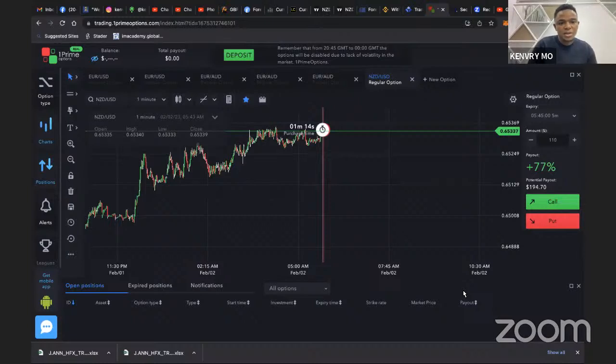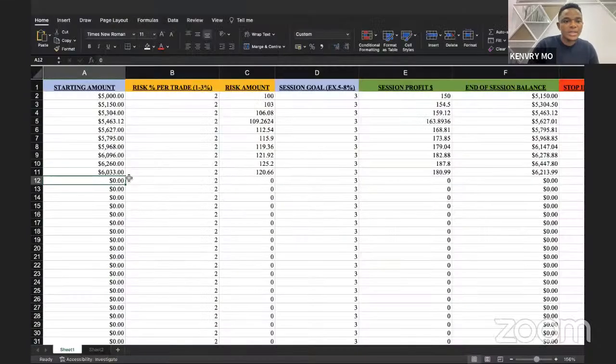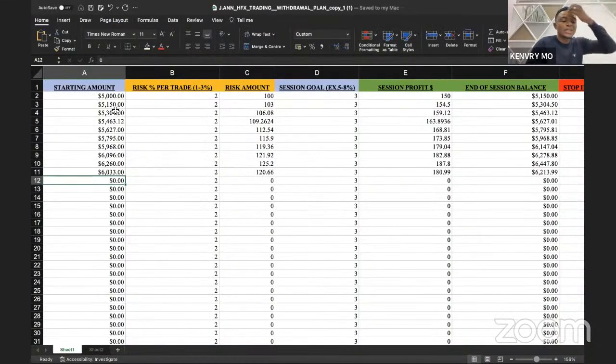I know it's showing on the screen, but I'm not seeing it on my own end. Okay, this is it. What it does is it helps you track your movement. It helps you know exactly what to use and how many trades you want to take. So 2%, put whatever amount you have there, and boom.